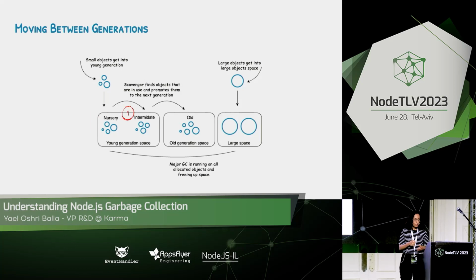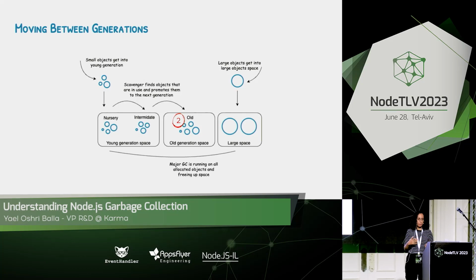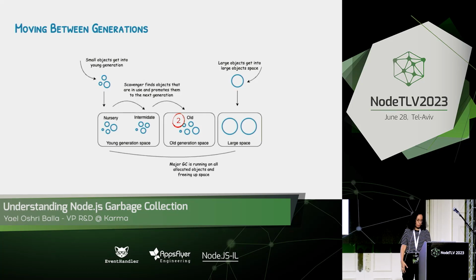So now we know this object survived 1 GC cycle, but it is still left in the young generation space. On the next GC cycle, the object will be moved to the old generation because we know that it survived 2 GC cycles, which means that it will probably survive for a longer time, and we don't want to scan this object over and over again. From now on, the major GC will be responsible for checking this object's status.